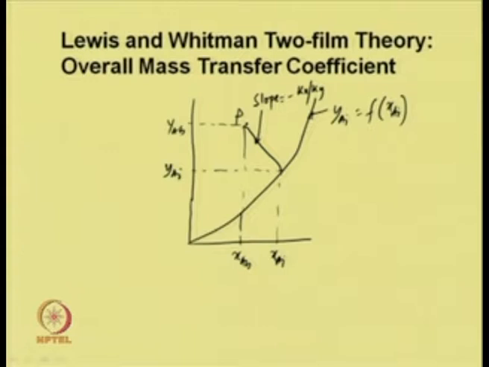From y_Ab, if we draw a line, this is the equilibrium with x_A. So, this is x_A star, and similarly this is x_Ab in equilibrium with y_A star.